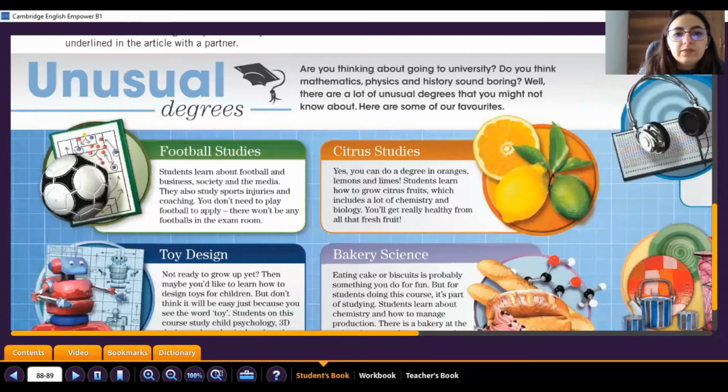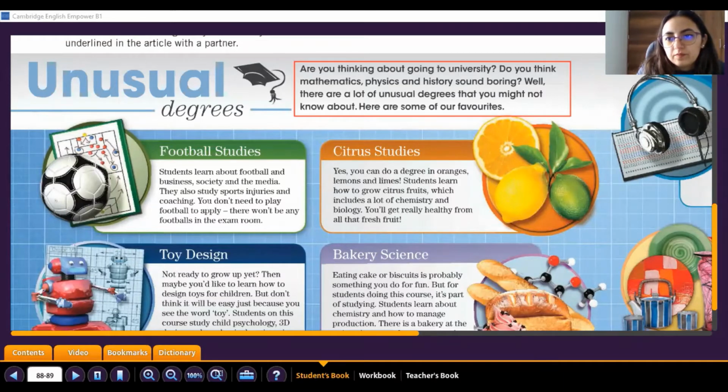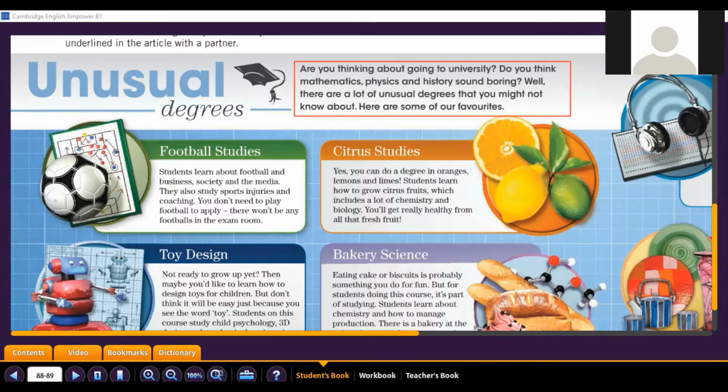So help me reading this first part of the blog, please, Daniel Bolaños. Fútbol es el de arriba, ¿verdad? Yes. Are you thinking about going to the university? Do you think mathematics, physics, and history sound boring? Well, there are a lot of unusual degrees that you may not know about. Here are some of our favorites.